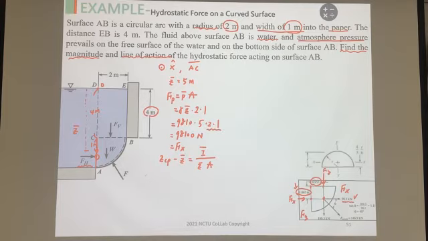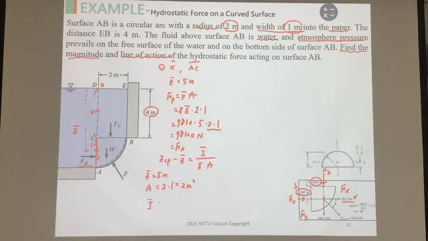The Z bar we already know is 5 meters, and the area of the plate along AC has length 2 meters and width 1 meter, so the area is 2 square meters.